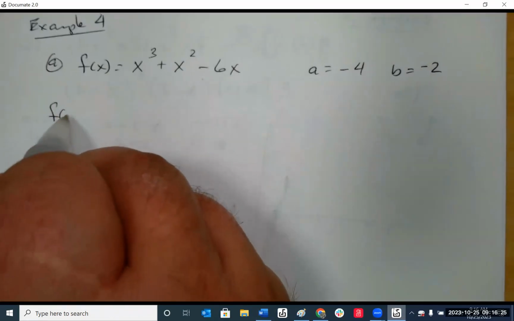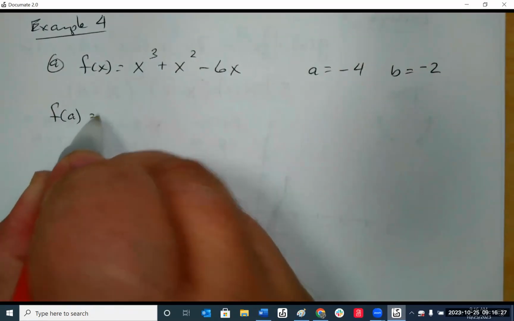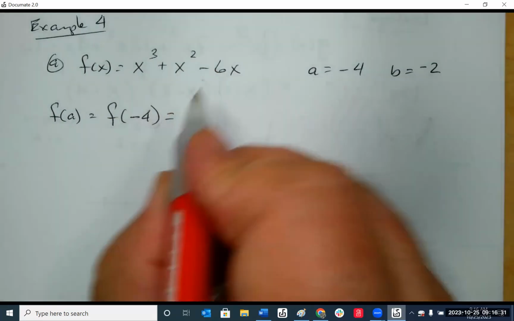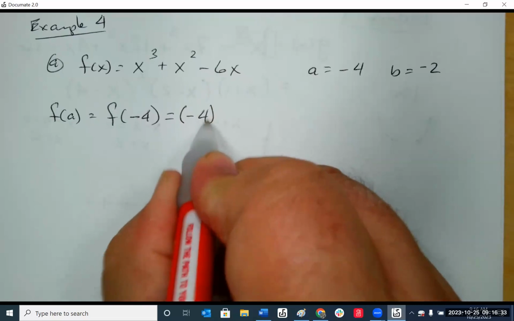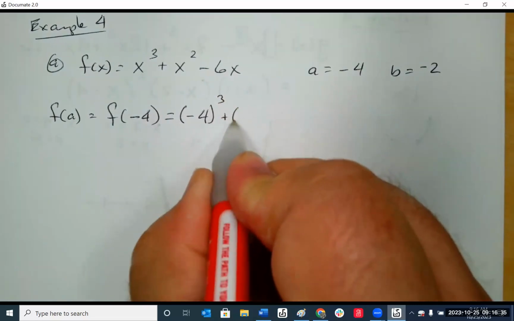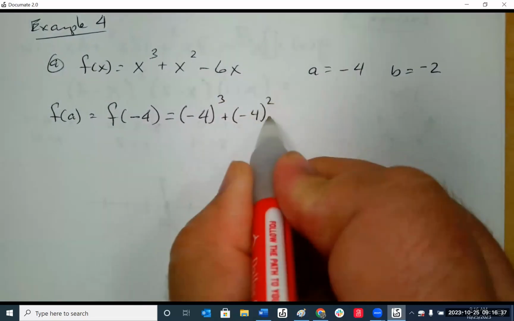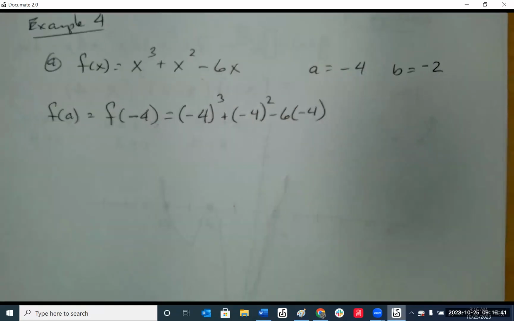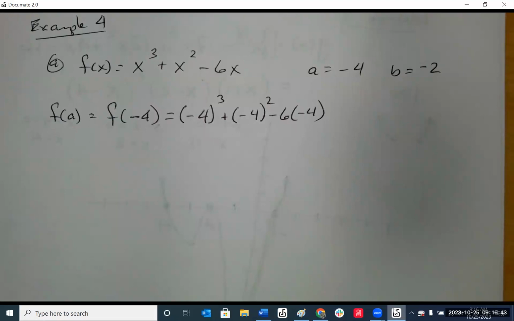So all we have to do is find f of a, which is f of -4: -4 cubed, -4 squared, 6 times -4. All we're asking here is, is there an x-intercept between these two x points?